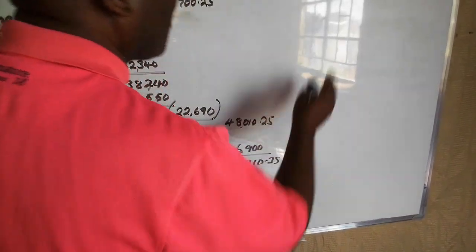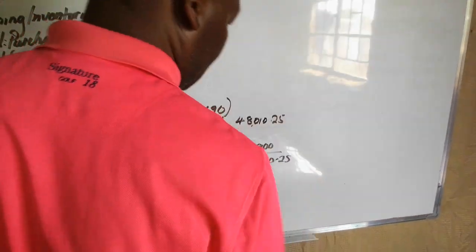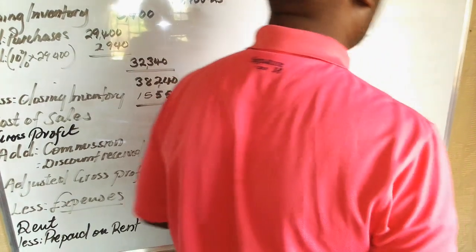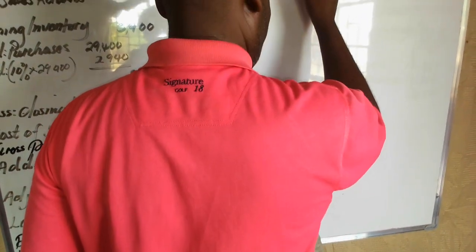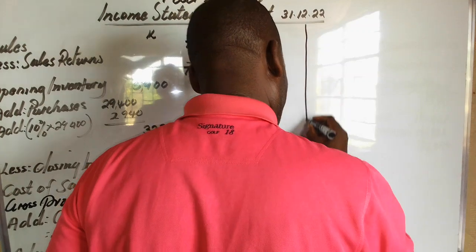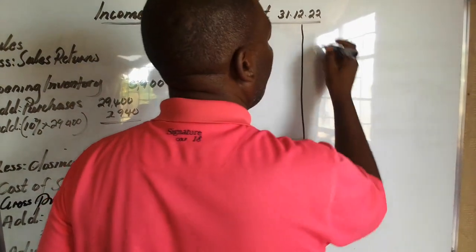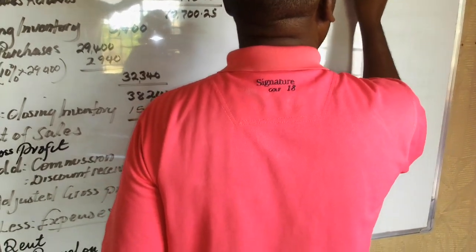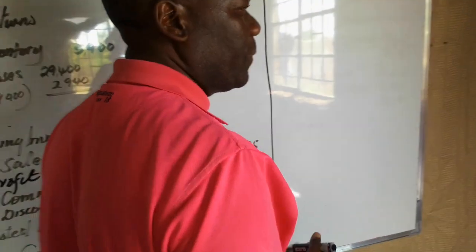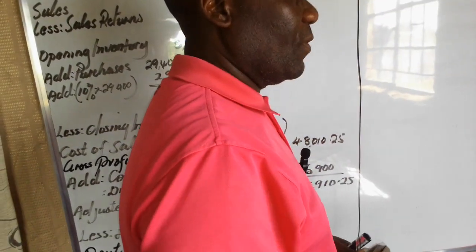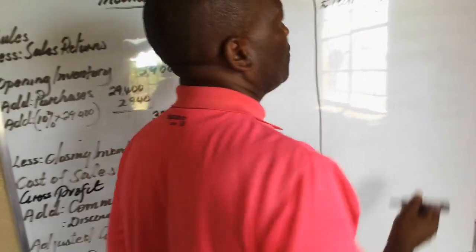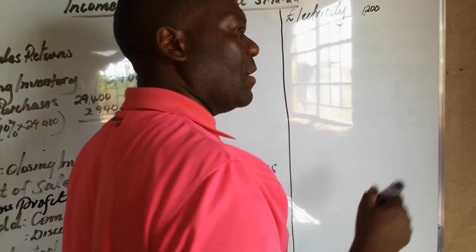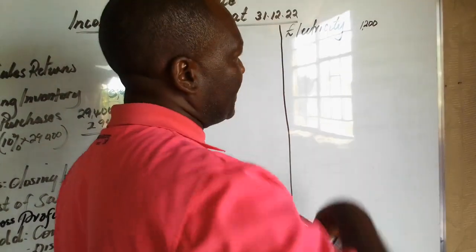Now, because of space, allow me to use this other part to deal with the expenses. The next expense will be electricity. If you remember well, we had 1,200, but there was an outstanding amount from last year.